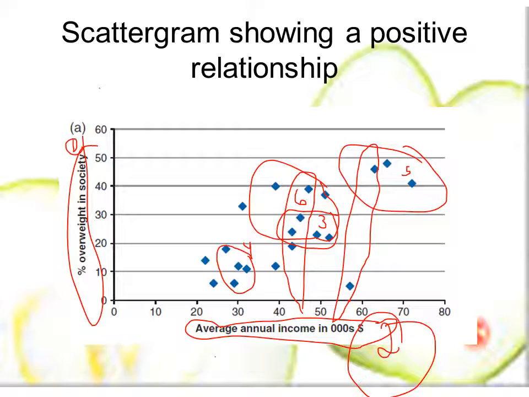The more I look at this scattergram, the more that individual's income increases, the higher that individual's obesity, or being overweight in society, increases. So this, we can say, is a positive relationship because, once again, looking at the scale, the higher the average income is, the higher the individual's obesity is.